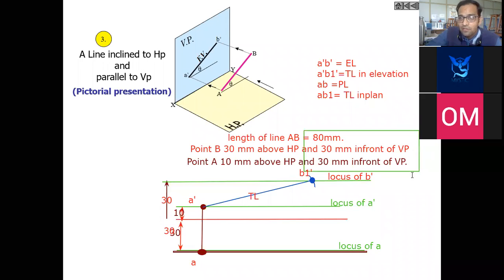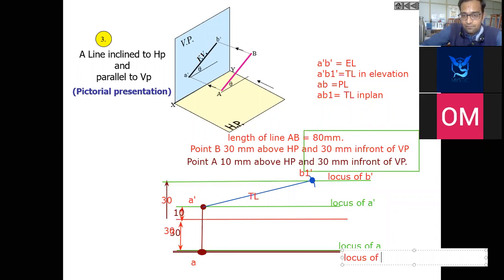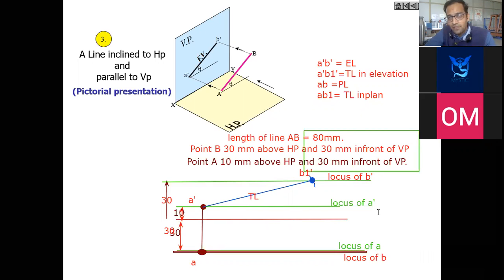अब हमें projection transfer करना है. Remember that stuff which I have told you. How to transfer projections from the endpoint of a true length? Right now the endpoint of true length is B1 dash. And what is B1 dash?